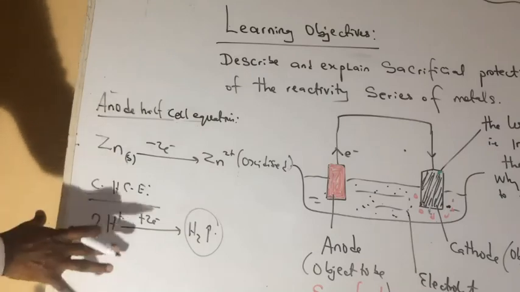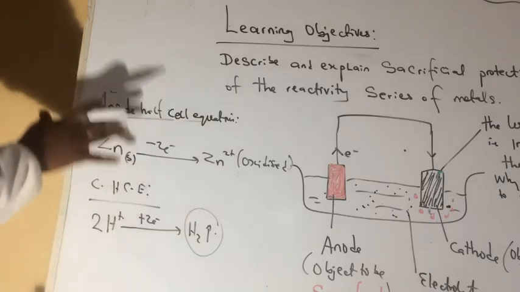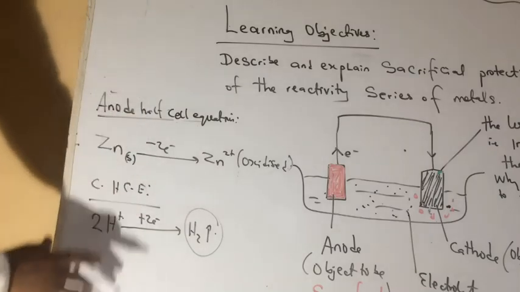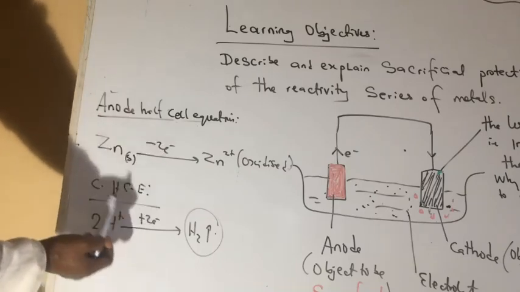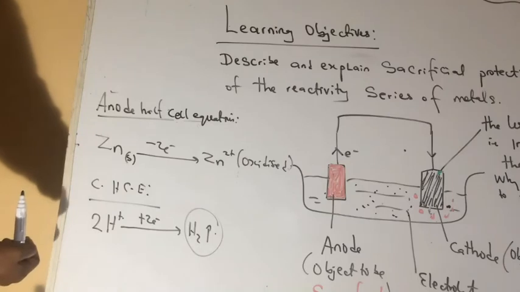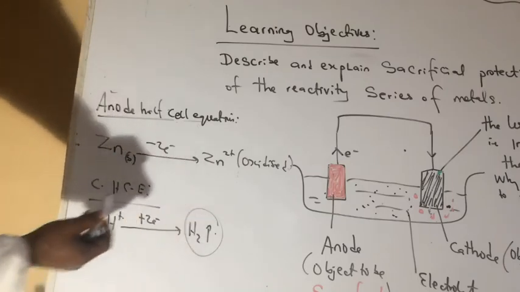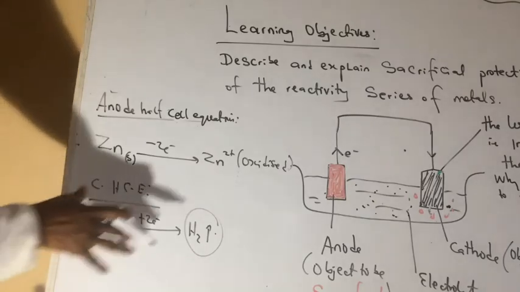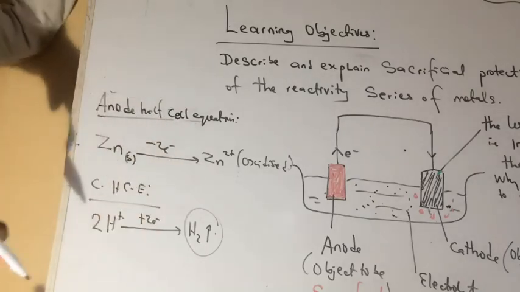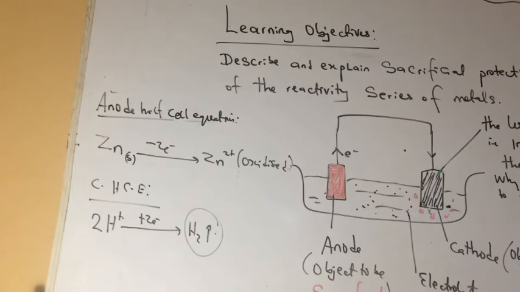So these are the half cell equations. Electron lost at the anode is received by the hydrogen ion in the electrolyte to be discharged as hydrogen gas. So this is the half cell equation for both anode and cathode reaction.